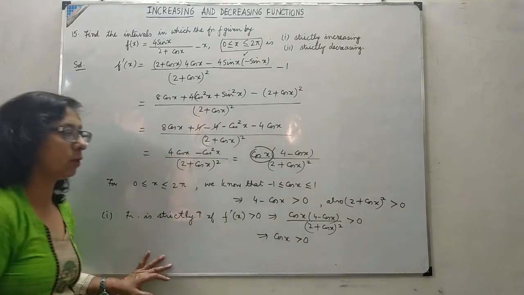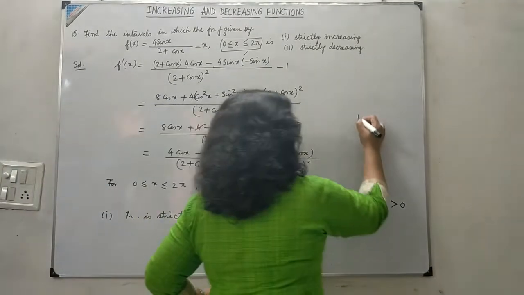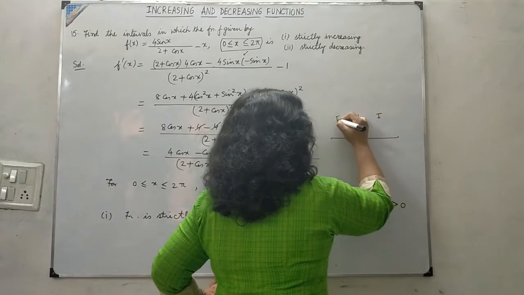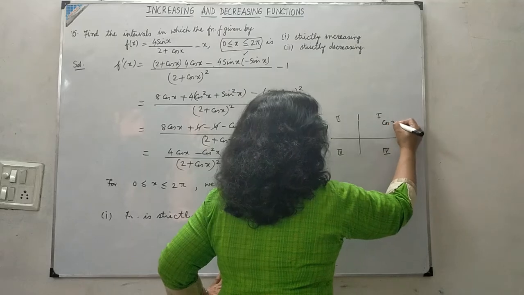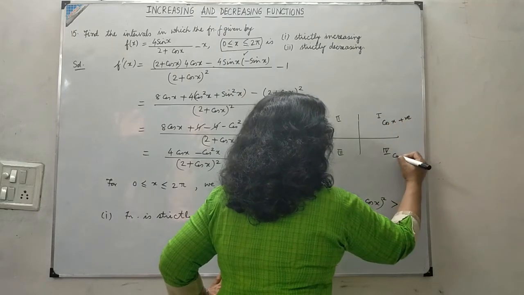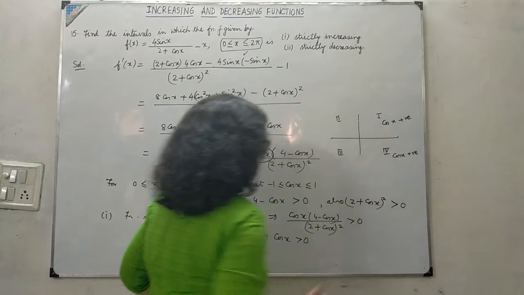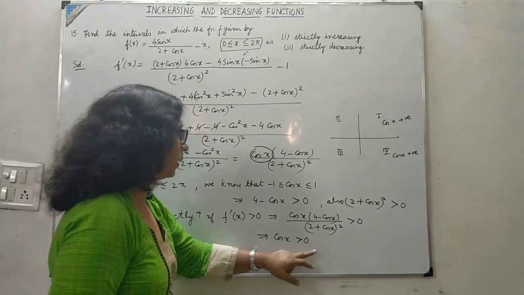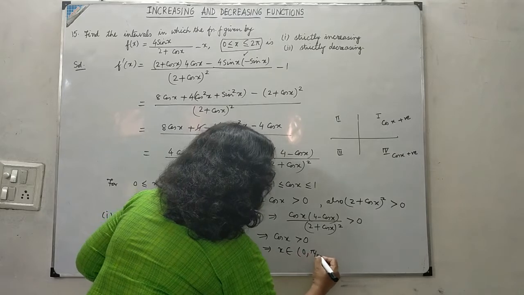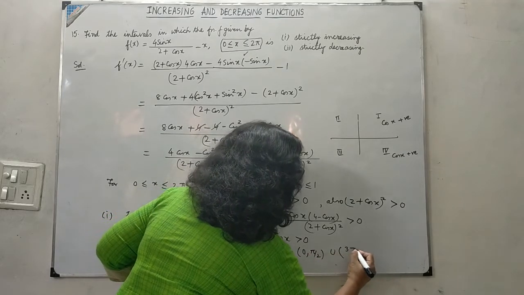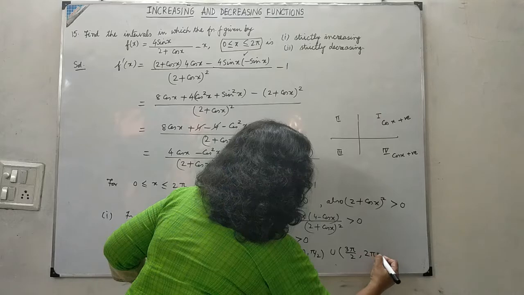And you know cos x positive is in the first quadrant. This is your first, second, third, fourth. And cos is positive in the first and fourth parts. So we'll have cos x greater than 0, then x belongs to 0 to pi by 2 union 3 pi by 2 to 2 pi.